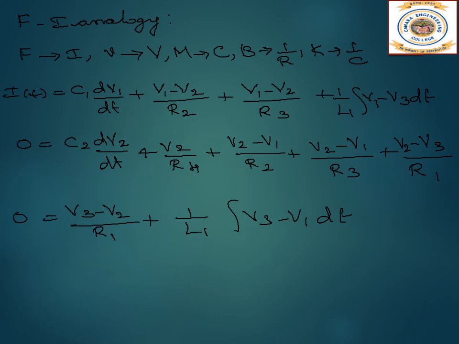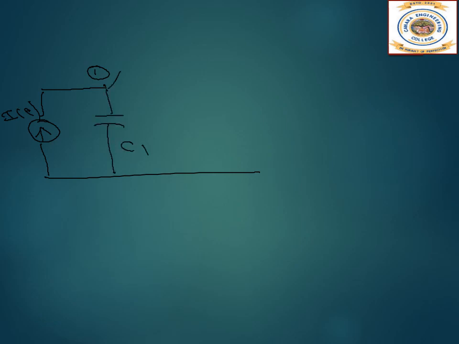Now let us draw the circuit. So we have nodes V1, V2, V3. At node 1 we have the input, the current source I of t. Then we have C1, R2 and R3; R2 and R3 are in parallel.